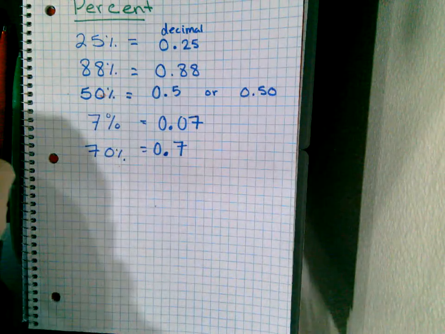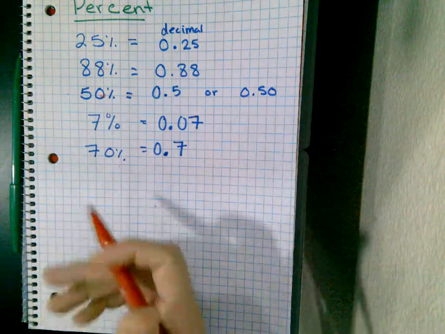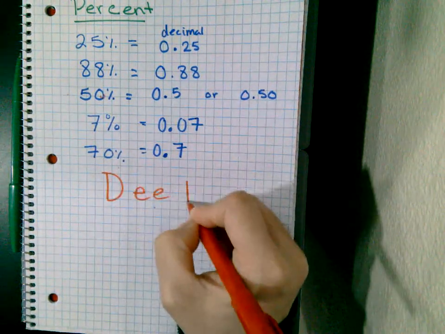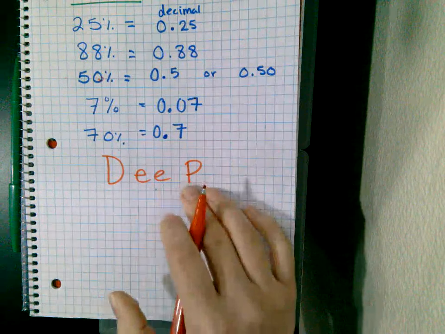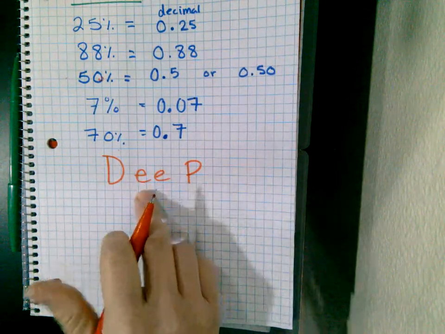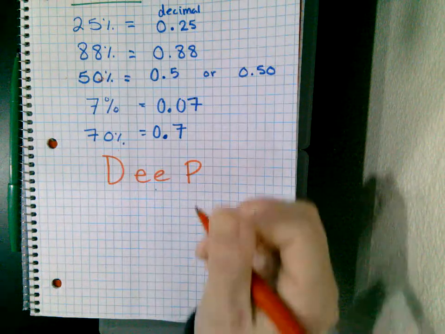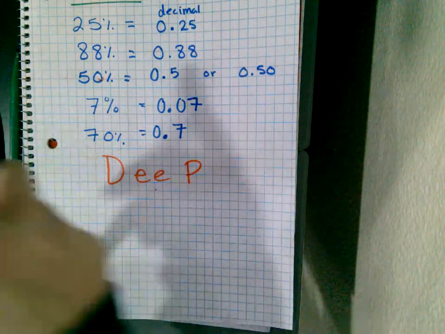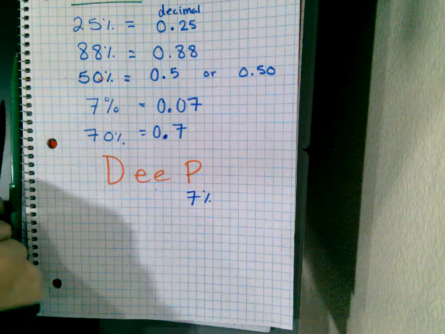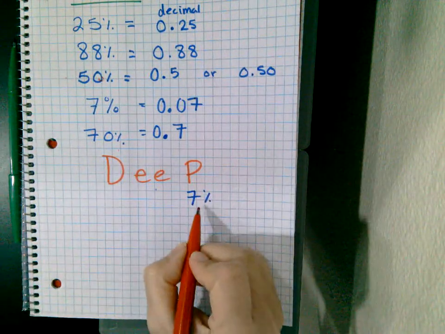Now, how do we come up with these answers, right? Back in September, I think I taught you the word DEEP. DEEP for me stands for decimal percent. And there's 2 E's because you're going to move the decimal 2 times. So for example, if I have 7%, the decimal currently is in the back.